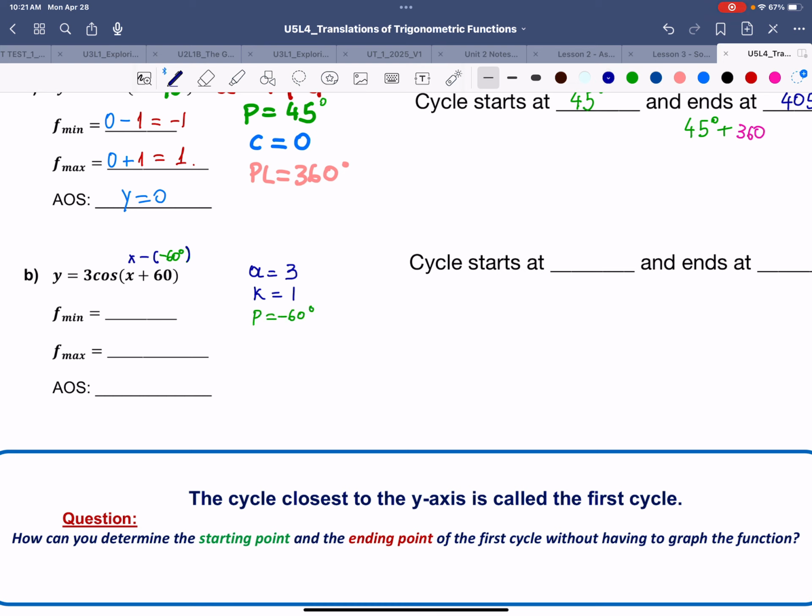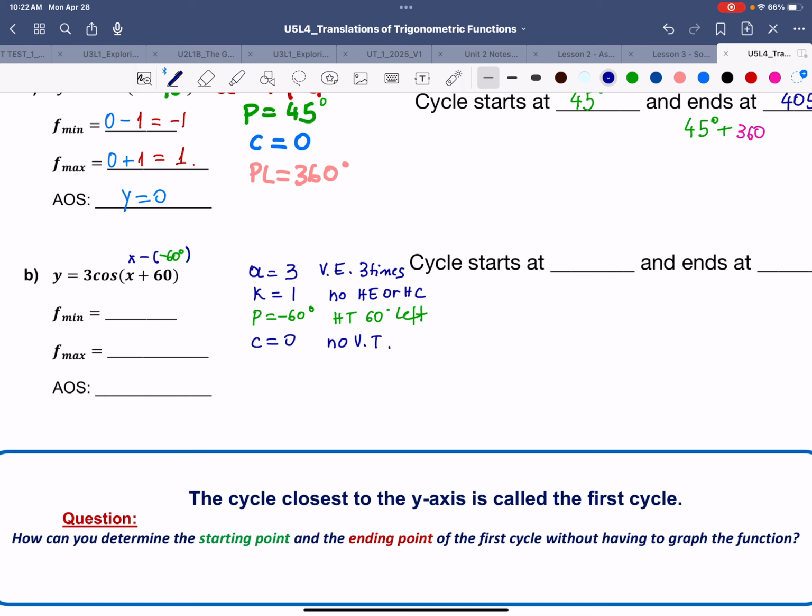And there is no vertical translation, so c equals 0. So there is a vertical expansion, 3 times taller. There is no horizontal expansion or horizontal compression. There is a horizontal translation of 60 to the left and no vertical translations.